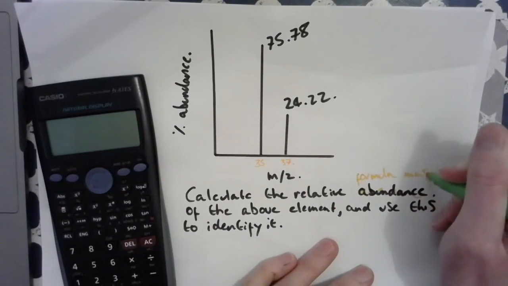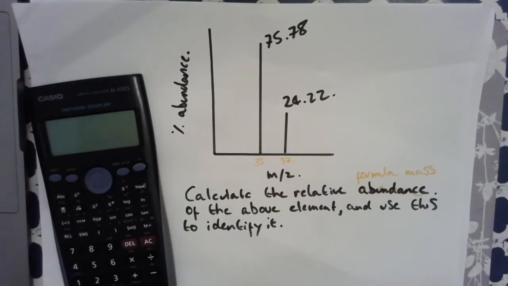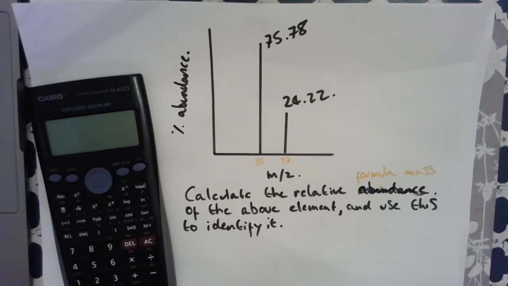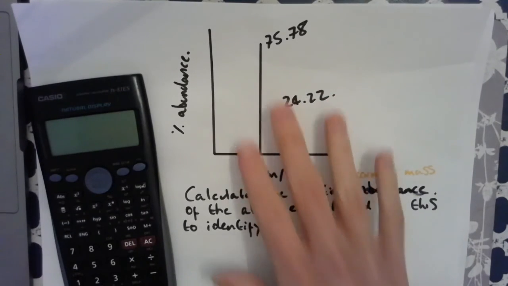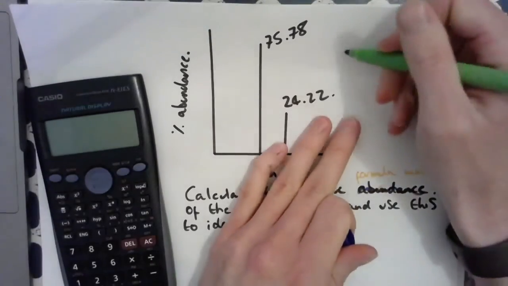So you can see it just makes it genuine, just like back in class. Nice little mistake, deliberate obviously, just to keep us all on our toes. Calculate the relative formula mass of the above element and use this to identify it. Okay, so you're given the graph and it's just about following those steps that we just looked at to identify the element. So it is just the same steps again.